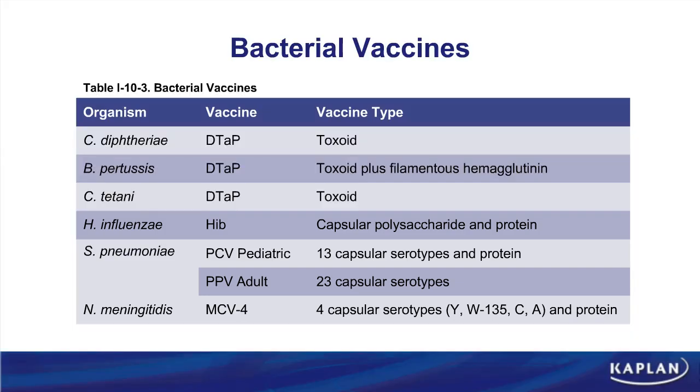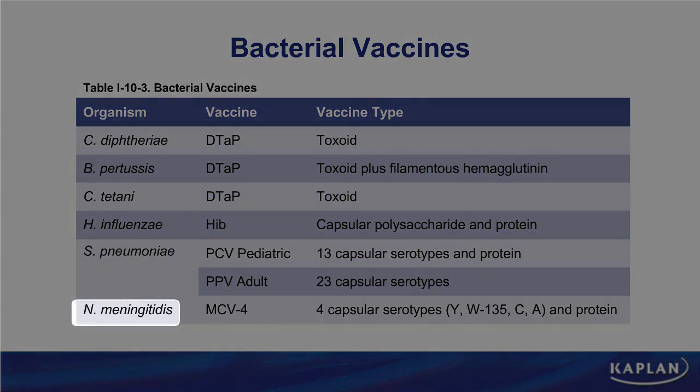Now, what I'm going to tell you right now, even though we didn't have it in this version of the immunology text, is that there is a new vaccine out for the meningitis serotype B. And if you remember back to microbiology, serotype B was the most common serotype causing meningitis in the U.S. from Neisseria meningitidis.